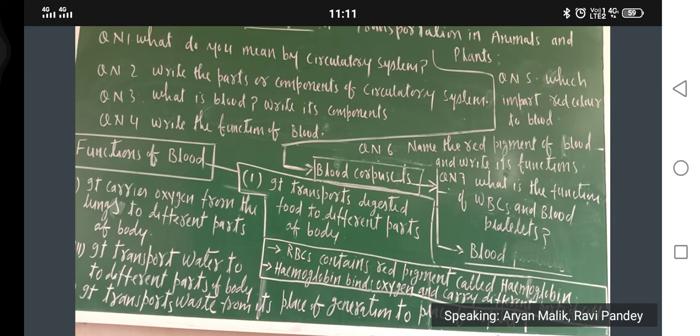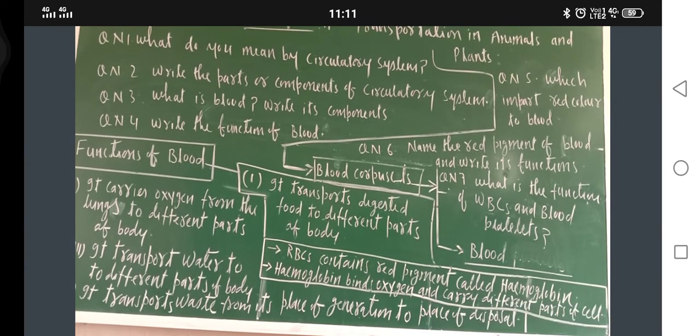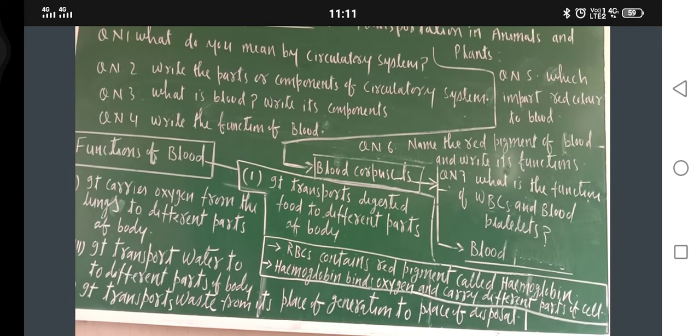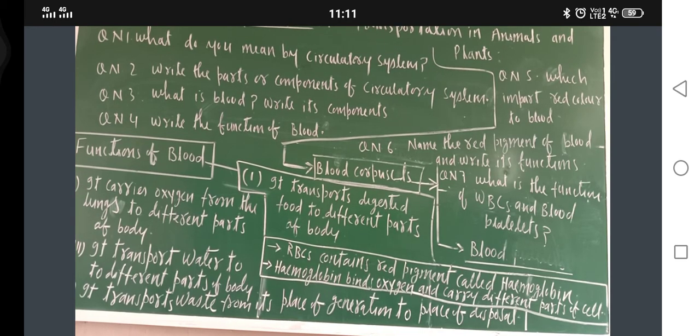What is cancer? Cancer is the group of mad cells. Actually, cells do divisions. Sometimes these cells become mad. You might have heard about the mad elephant. So these cells become mad and they do indiscriminate divisions.